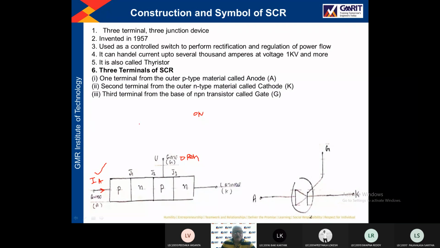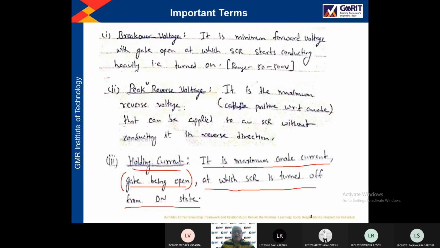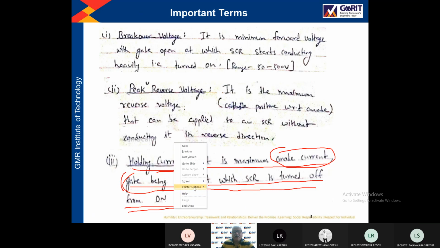The current at which the SCR turns from on to off state is called the holding current. So holding current is the maximum anode current with gate open at which SCR is turned off from on state. So these are some important terms.